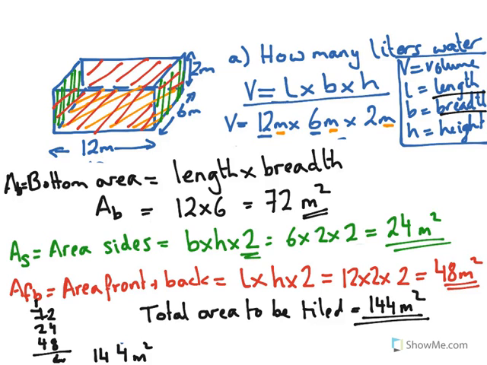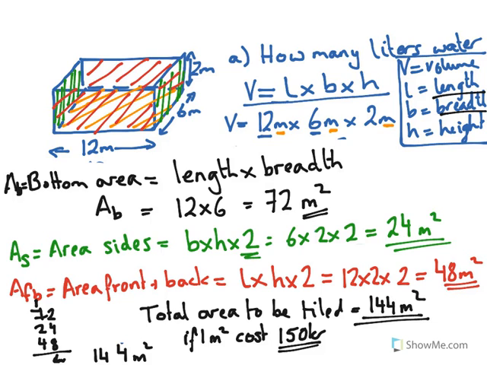But we're not quite finished there, because now it says how much would it cost you to tile this pool if 1 square meter of tiles costs 150 kronas. How expensive would it be to tile this pool if 1 square meter of the tiles costs 150?